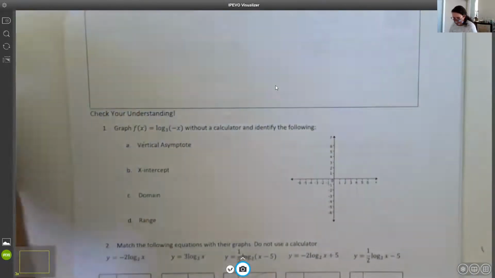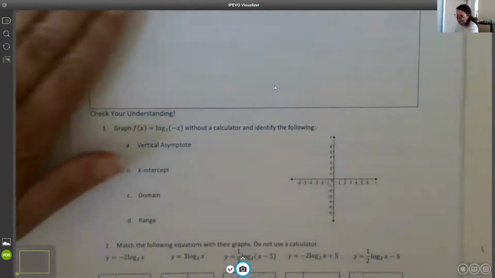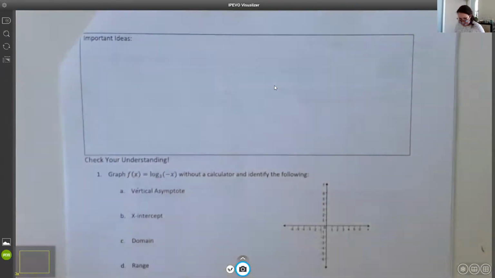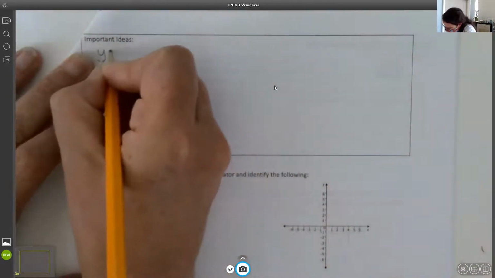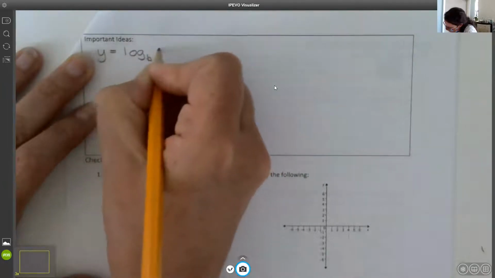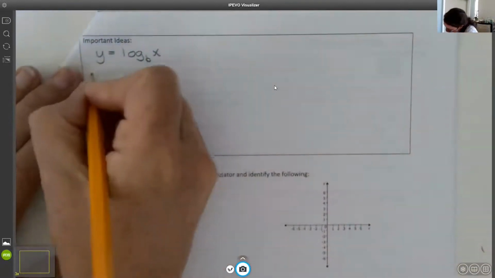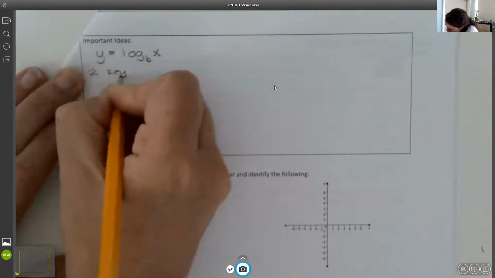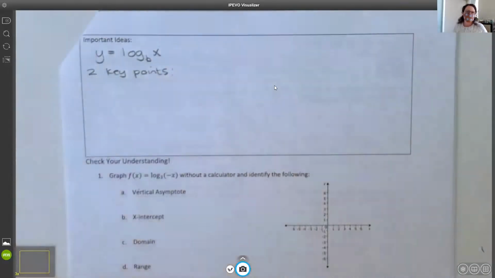All right, let's go on to the next page, and we're going to take some notes up in the top box there, just to summarize what we just learned about log functions. So if you have the function y equals log base b of x, there are 2 key points that the function is going to go through.